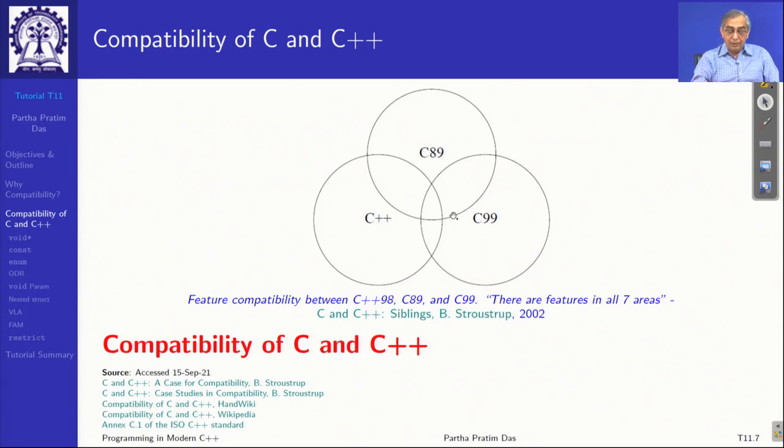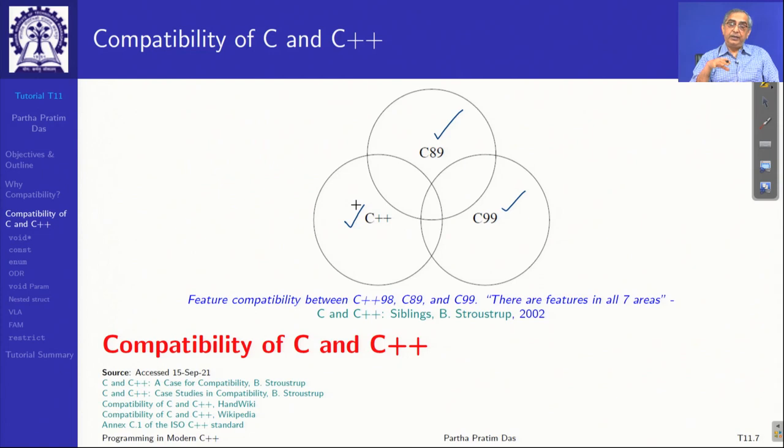So, just to give you an idea, there is a Venn diagram of features. C89 is the oldest standard as you have known. C99 is the most commonly used standard, and C++, let us take it as C++98, C++03.